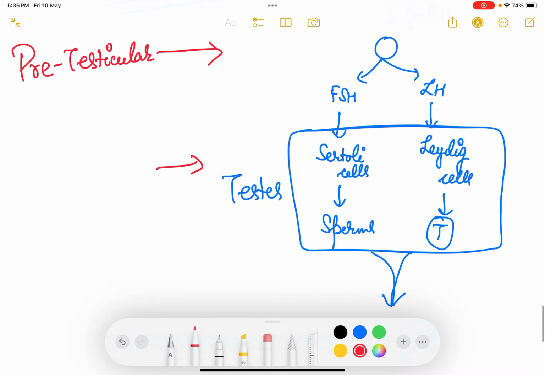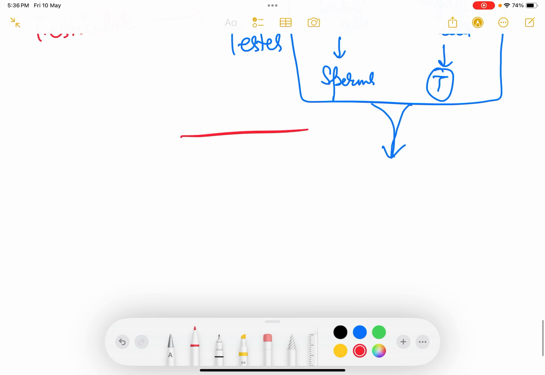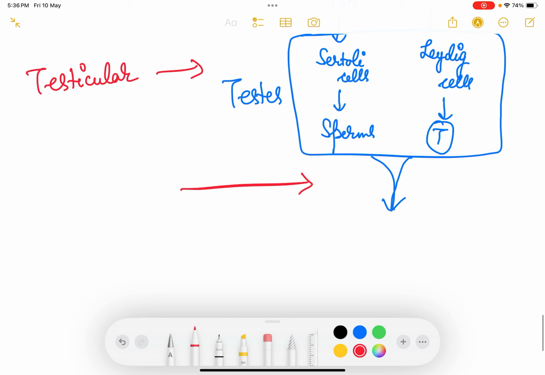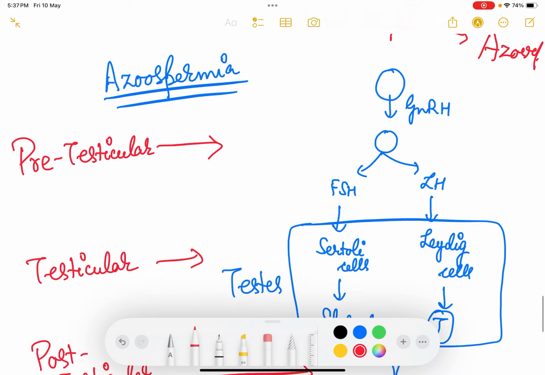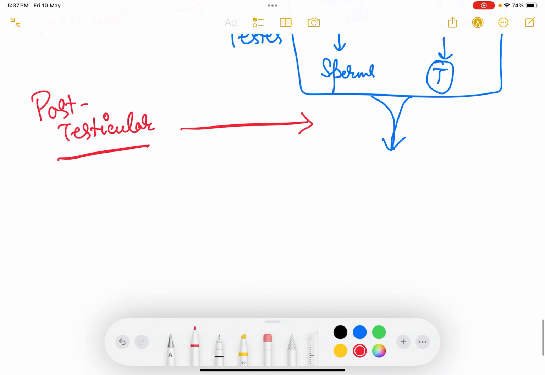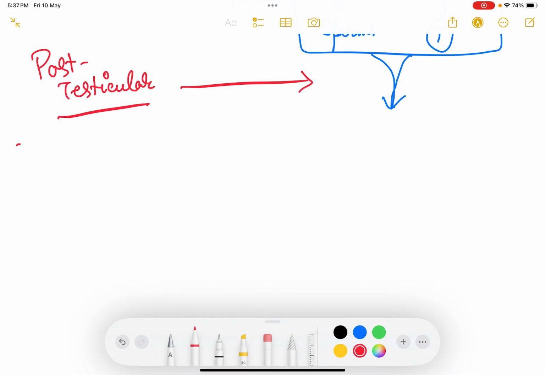The cause can be here, so it can be a testicular form of azoospermia, or it can be an outflow tract obstruction, so it can be a post-testicular azoospermia. Okay, so every aspect will have different causes and differences in how we generally manage it.